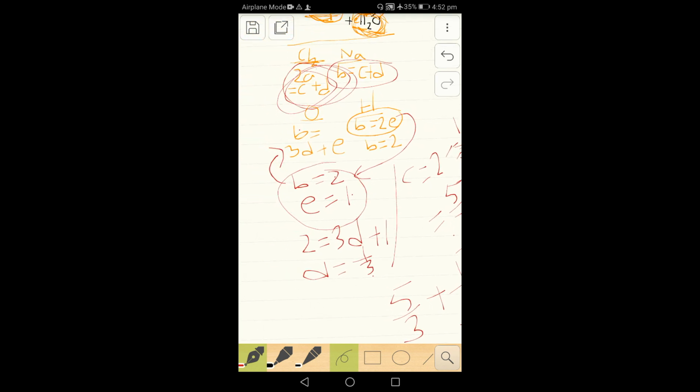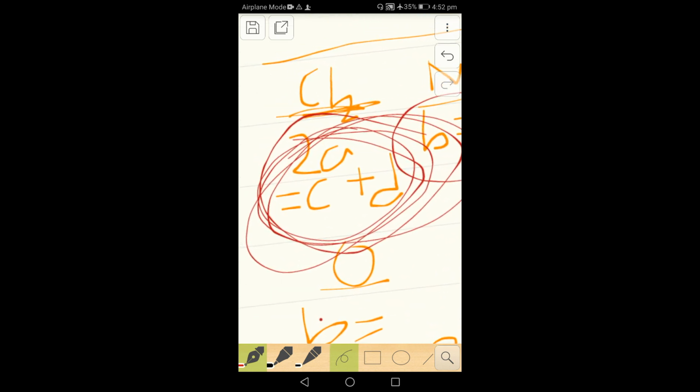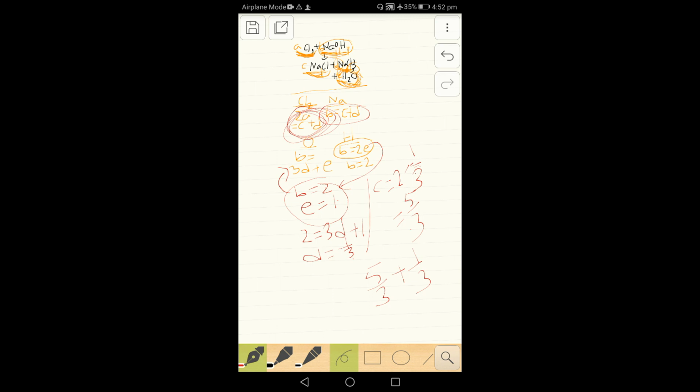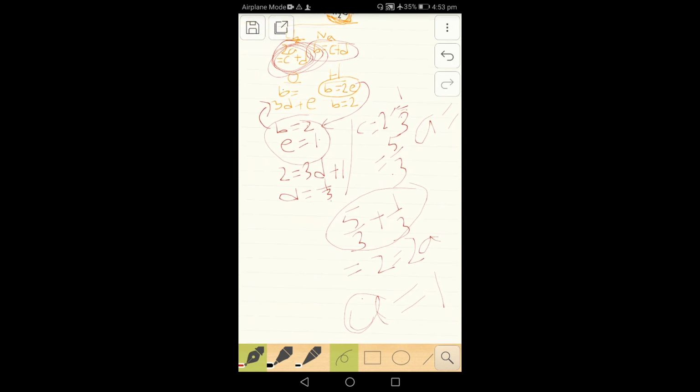Since 2A equals to C plus D, and C plus D is 5 plus 1, 6 divided by 3, which is 2, that means 2A is equal to 2, which further means A is equal to 1. Okay, so we have got all the values: A, B, C, D, E.